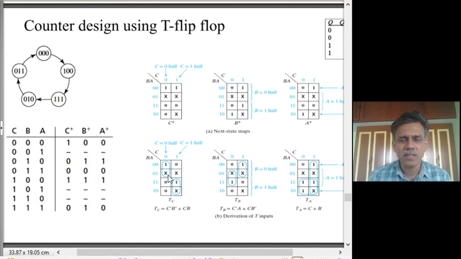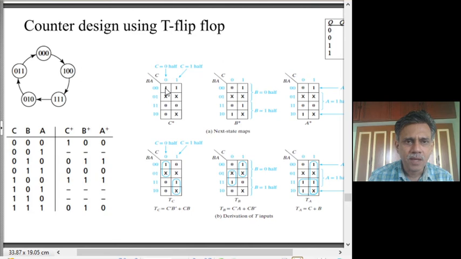Whatever the excitation may be, it will go to some output, and we don't even care what the next bit is going to be. So we can directly fill X in those places where there is an X here. Because when we don't care about the output, we don't care about the excitation either. That is the first inference.